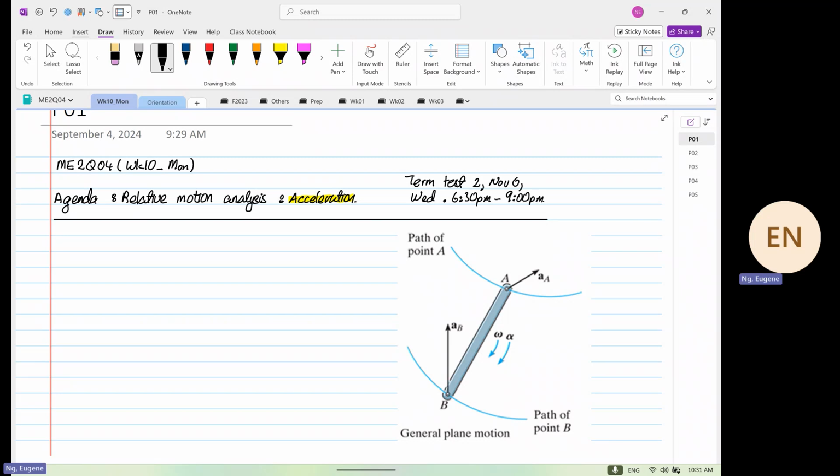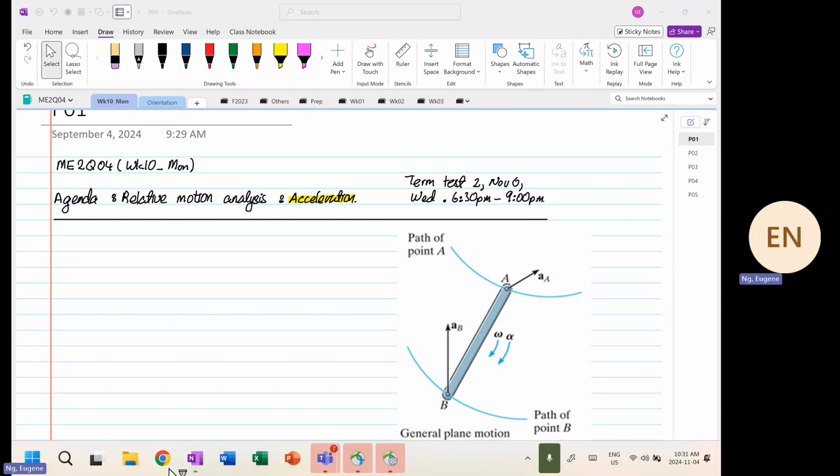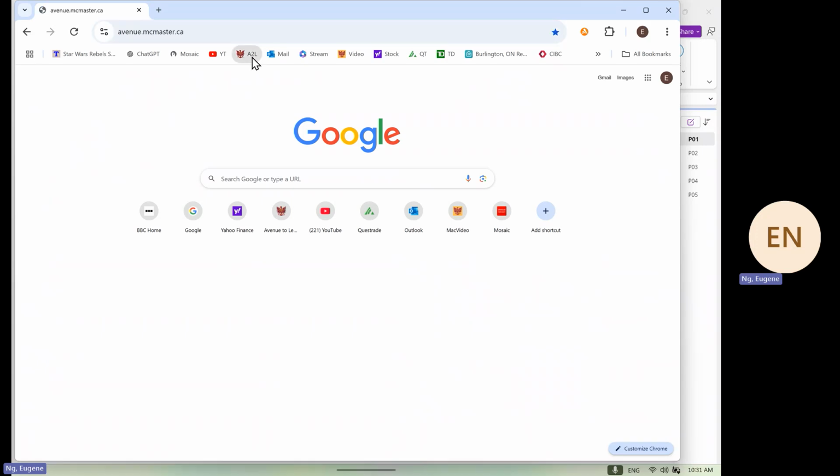Okay, the location is, I put the location on Avenue to Learn, but I could not remember where. If we could just briefly go to Avenue to Learn.